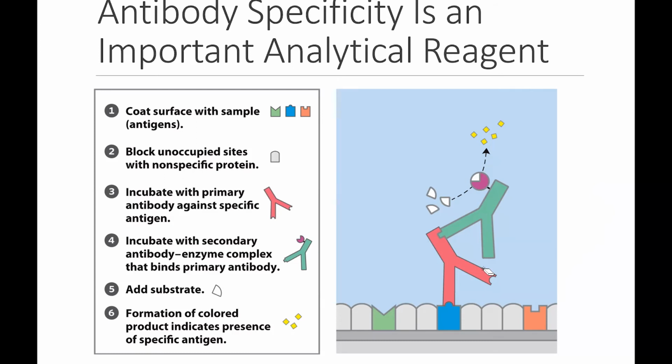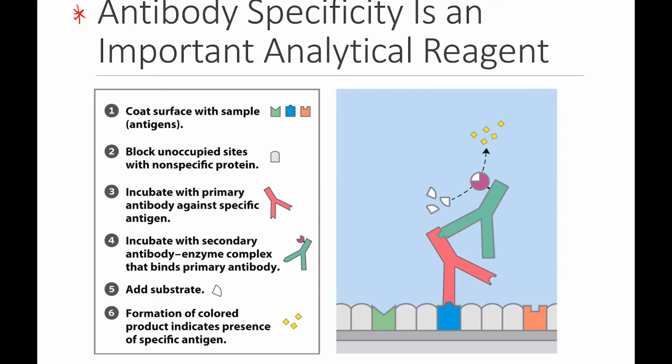So again, generally, this is a type of study that is used to identify how much protein is in a sample. And again, this is a specific identification. So it's going to identify how much of one single type of protein is in our sample.